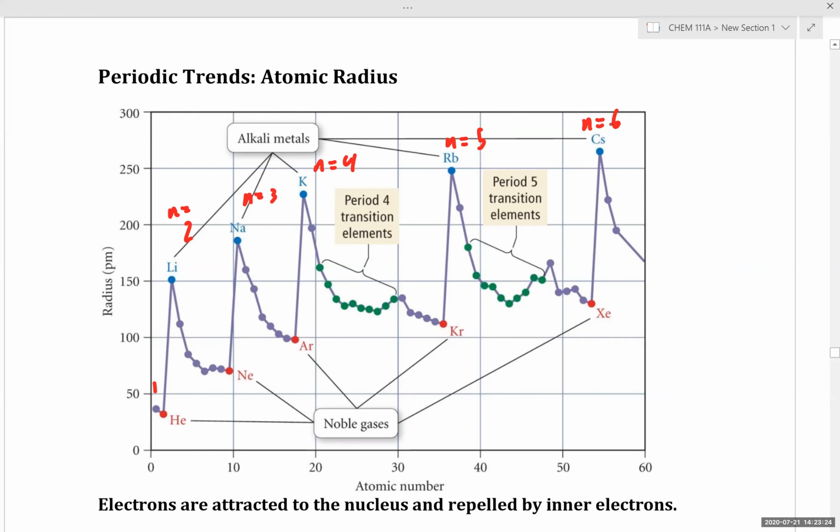My question to all of you is, what do we observe for this graph of radius versus atomic number? As we increase our n, as we go down a column, what happens to our radius?